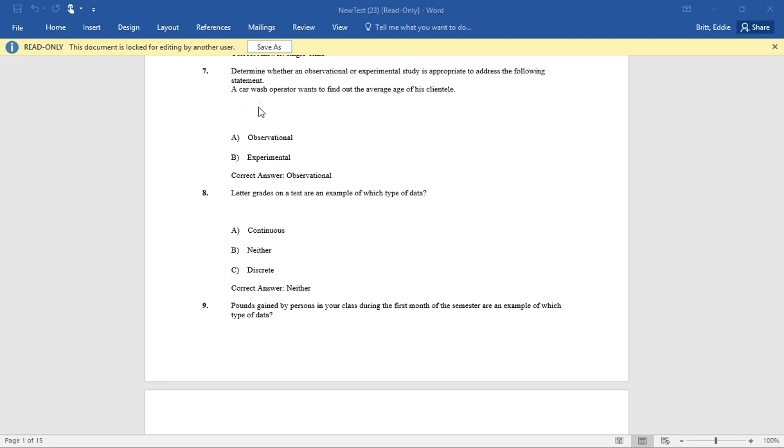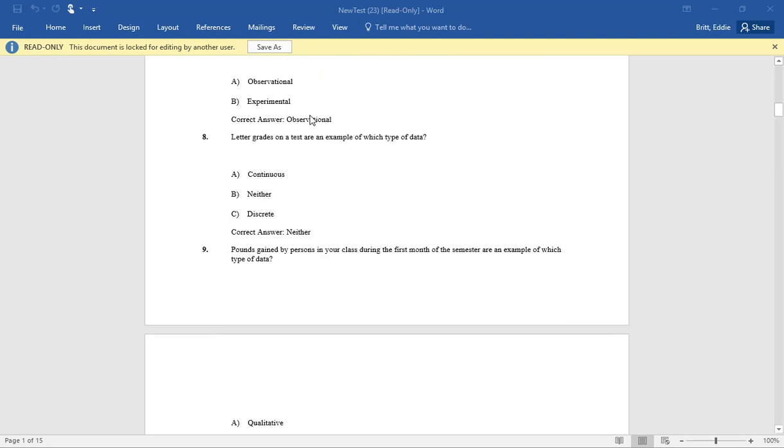So that's an observational experiment or an observational study, because they're observing. They're not introducing something into the people that are having a car wash.